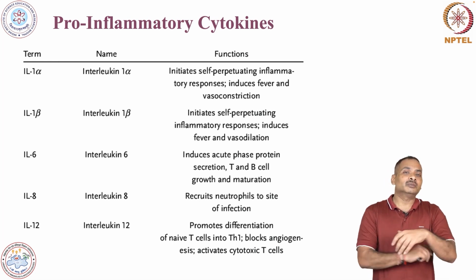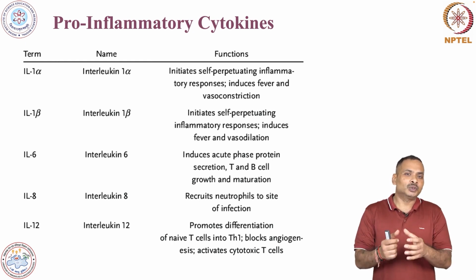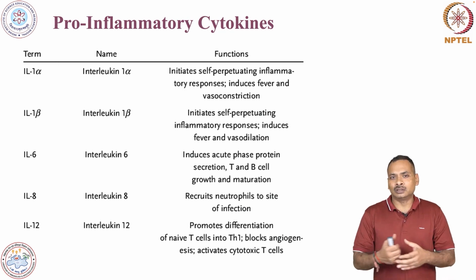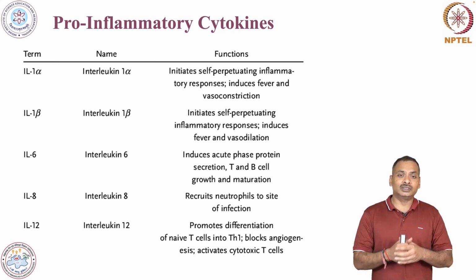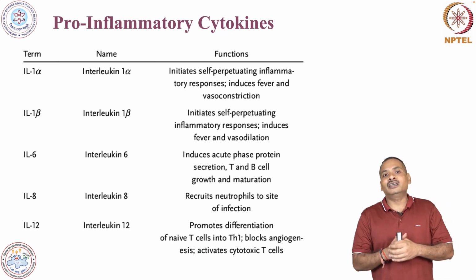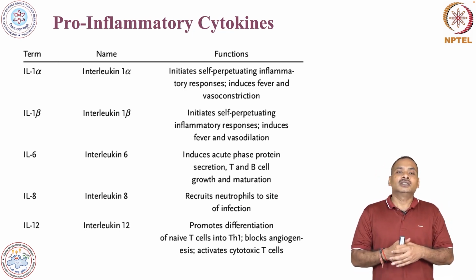It has some additional handle. Okay, means they are very potent. If it is released, it will cause a quite complicated situation. Therefore, they are tightly regulated. Some additional mechanisms exist for production of IL-1 beta.